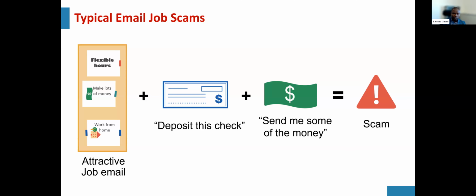Usually the job comes with very attractive conditions: flexible hours, the opportunity to make a lot of money, and you can work from home. It also comes with a flexible application process. Sometimes they'll ask you to text them or email them your resume. In no time after you apply, they will contact you. And in some cases, you get hired right away.